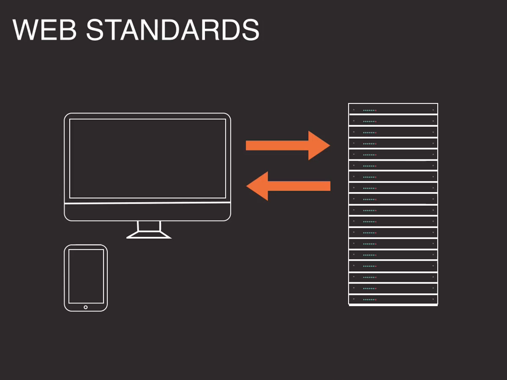So we want to make sure that we can maximize the number of potential visitors and make our websites work for the largest number of browsing devices. And even devices like screen readers that are for people that are disabled and can't view web pages. So a screen reader is software that will actually read the contents of a web page. Someone can hear it on headphones.